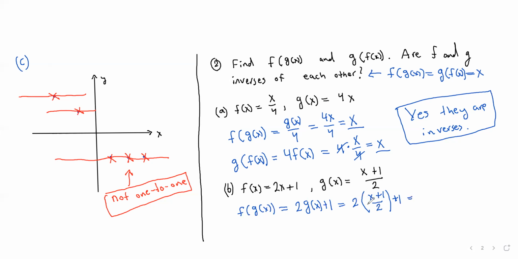Notice that the x plus 1 is divided by 2, and we're multiplying it by a 2, so we can cancel the 2's. So we just have x plus 1 plus 1, which is x plus 2. And so for f of g of x, we have x plus 2.